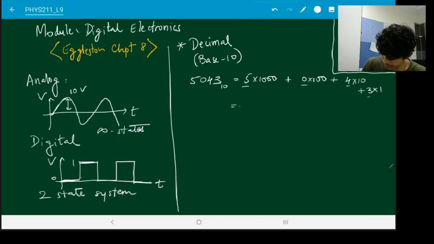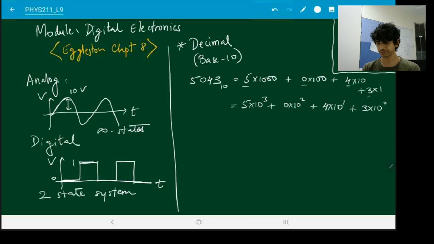Or I might write it as 5 times 10 to the 3, 0 times 10 to the 2, 4 times 10 to the 1, 3 times 10 to the 0. So what these digits 5, 0, 4 and 3 are, are just coefficients of the power of 10.